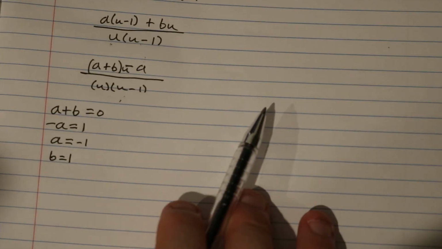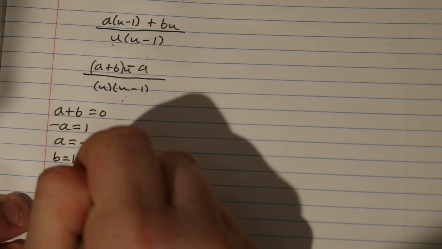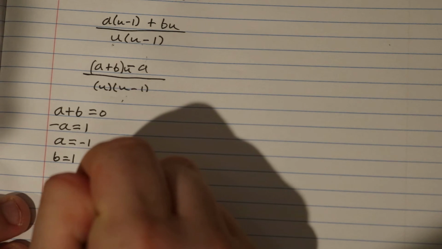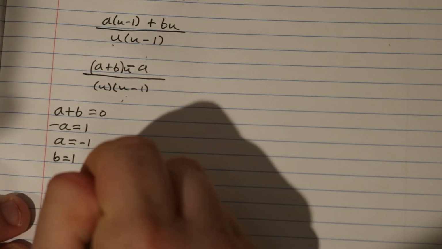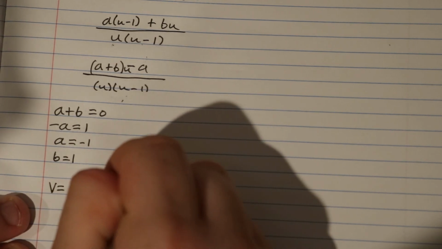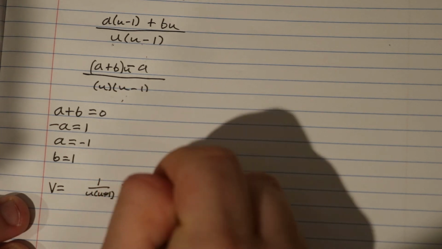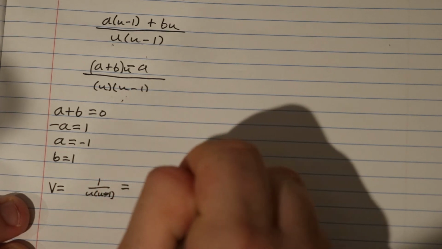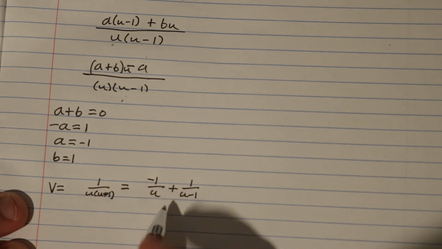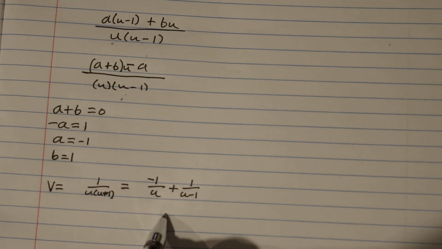So that means v is indeed equal to 1 over u multiplied by u minus 1, and that is also equal to minus 1 over u plus 1 over u minus 1. Okay? And now we can substitute this into our integral.